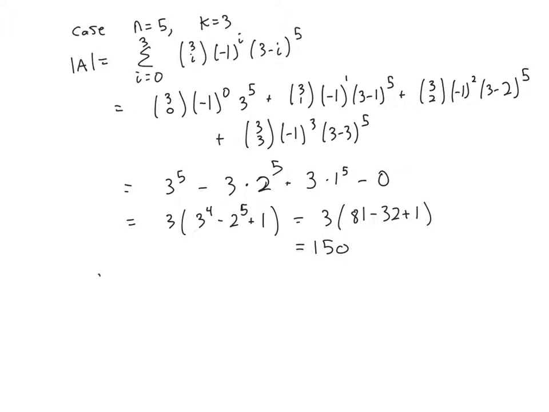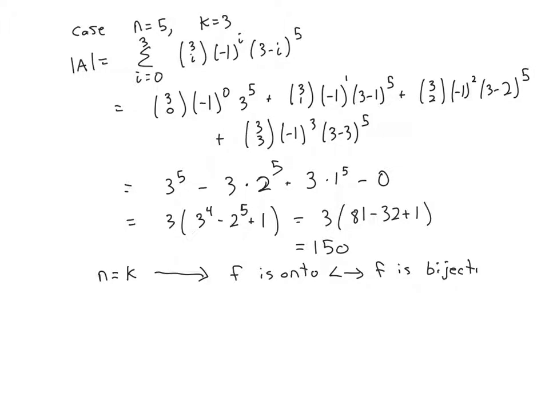As another silly case, it's worth pointing out that when n and k are the same, you would probably avoid doing inclusion-exclusion, because it turns out if you have a surjection between 2 sets of the same size, the function has to be a bijection in this case, right?